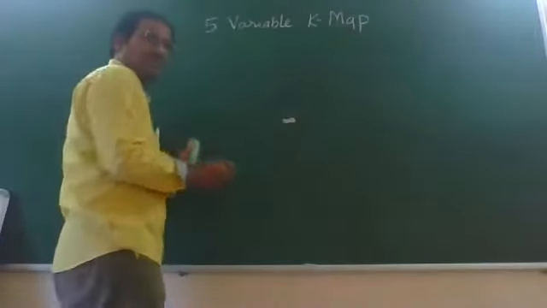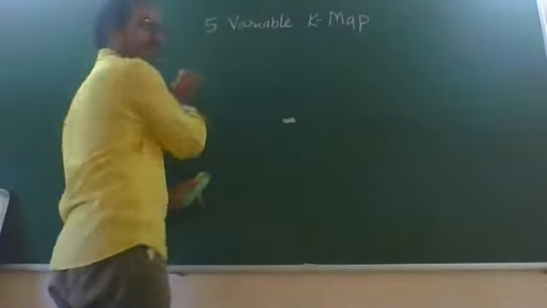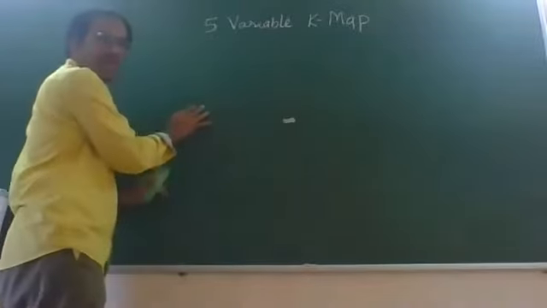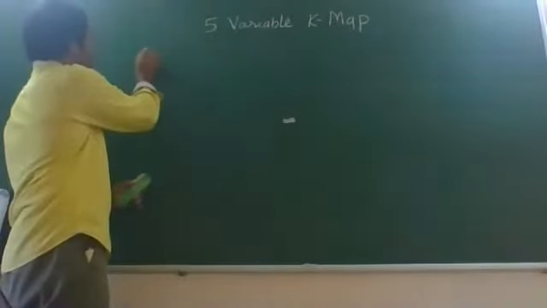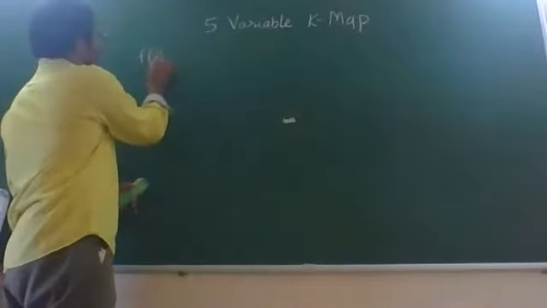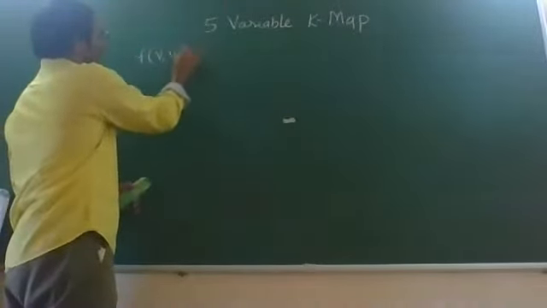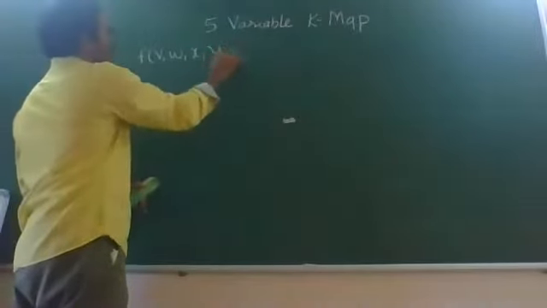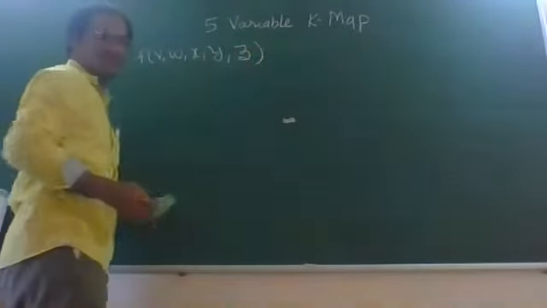So the problem is: minimize the switching function. Here we have 5 variables: f of v, w, x, y, and z.